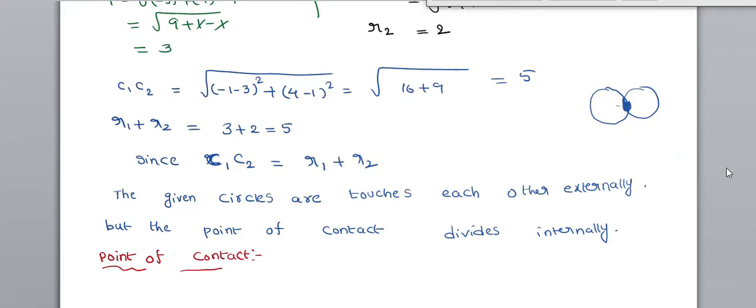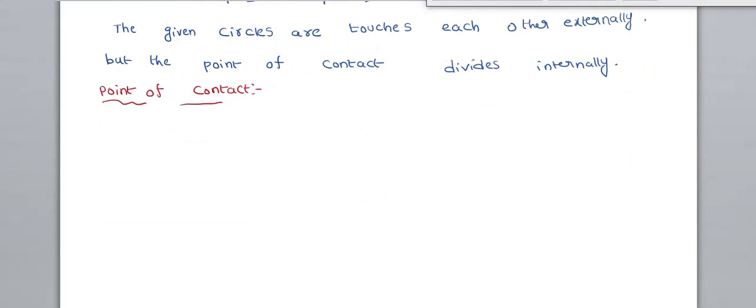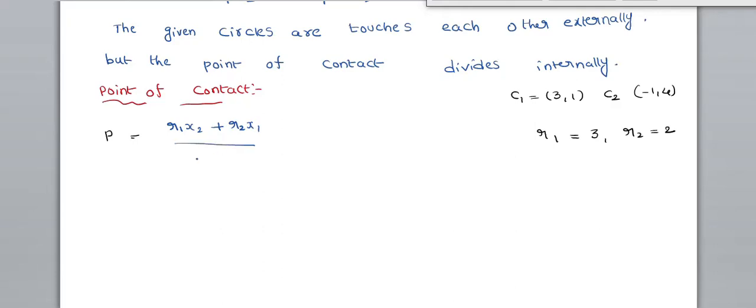Point of contact, so the formula. What is the C1 value? (3, 1). C2 value (minus 1, 4). R1 value 3, R2 value 2. So the formula, directly write P is equal to (R1 x2 plus R2 x1) by (R1 plus R2), (R1 y2 plus R2 y1) by (R1 plus R2).